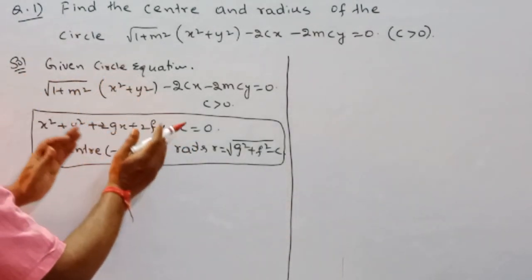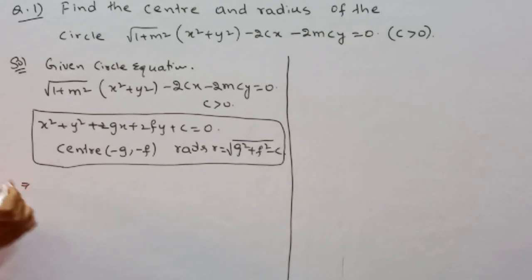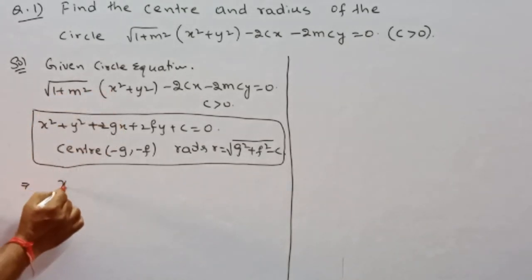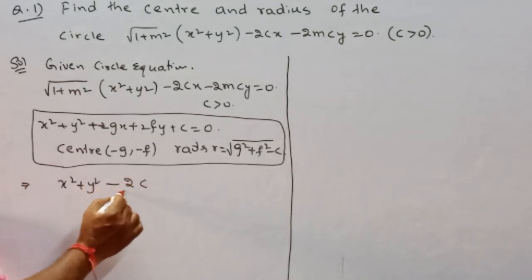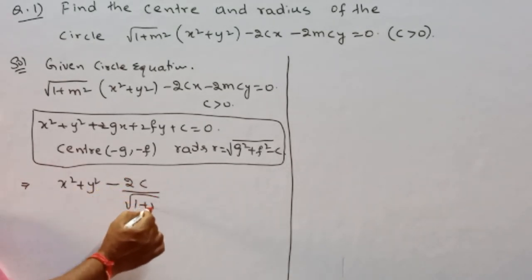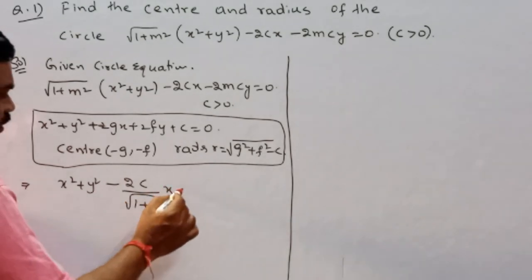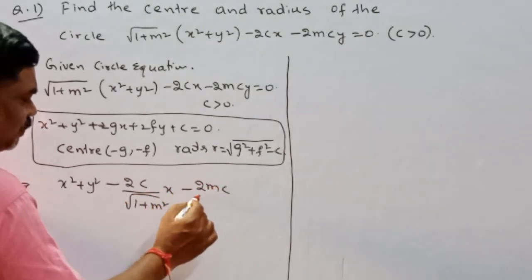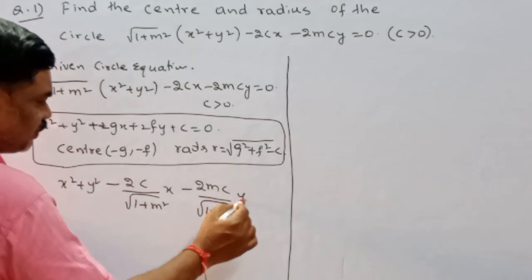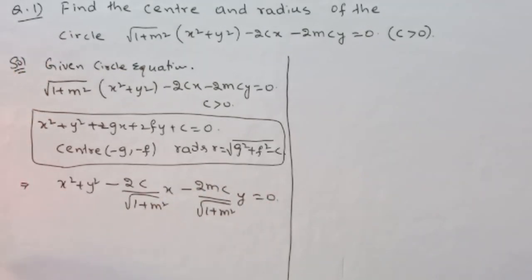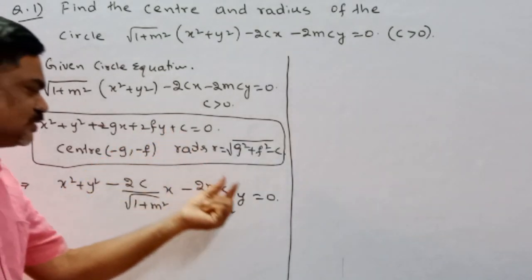Here you convert this into this form. It can be written as x square plus y square minus 2c by root over 1 plus m square into x minus 2mc by root over 1 plus m square into y is equal to 0. Here the constant term is 0.